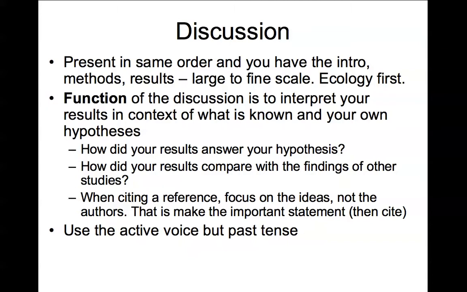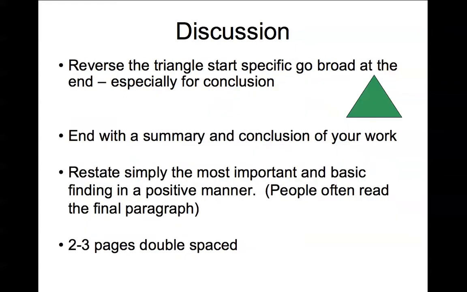So for example, don't say "XY found this, blah, blah, blah, and we found this, blah, blah, blah." Talk about the results without referring to the authors and cite it at the end of the paragraph. And use the active voice but past tense in this section.